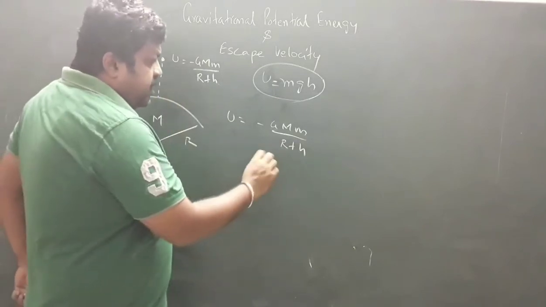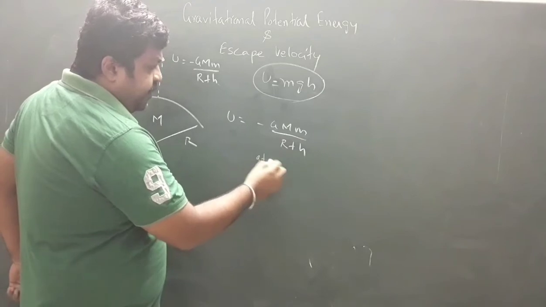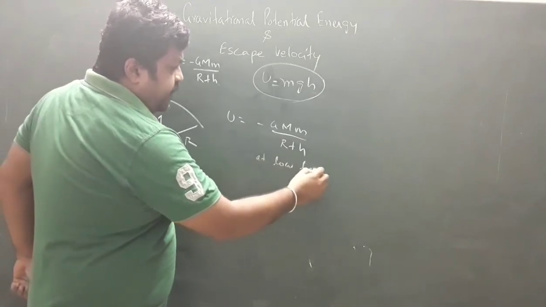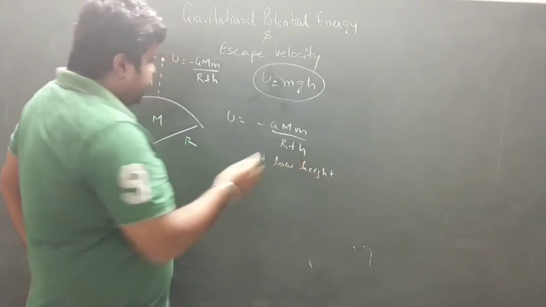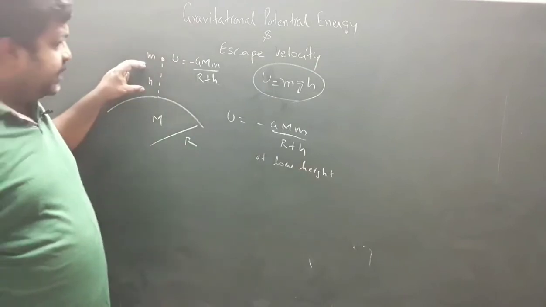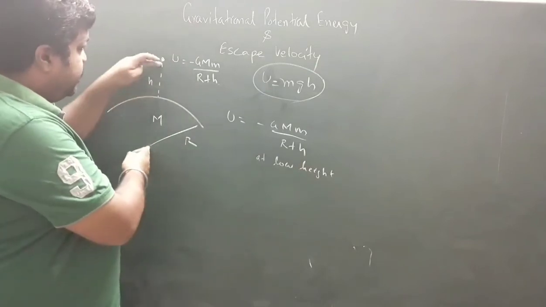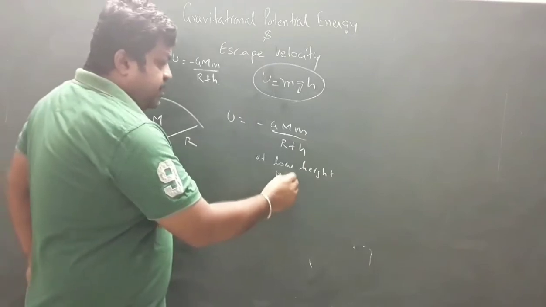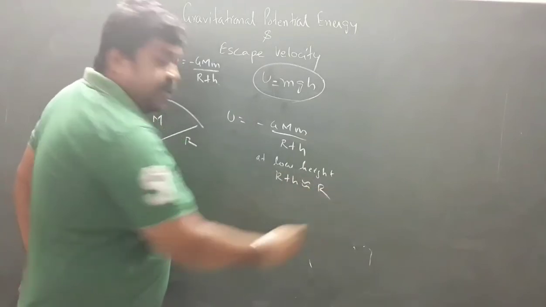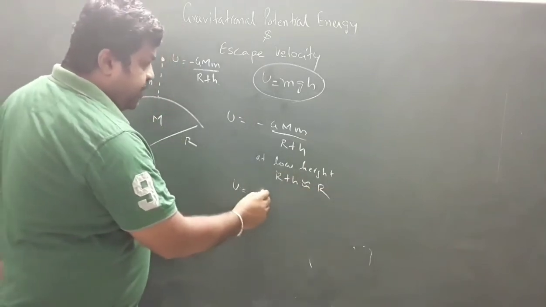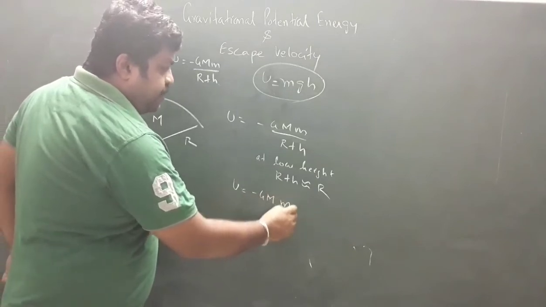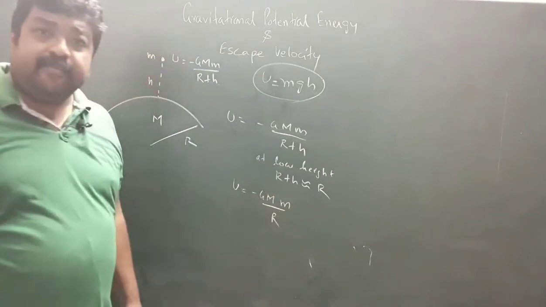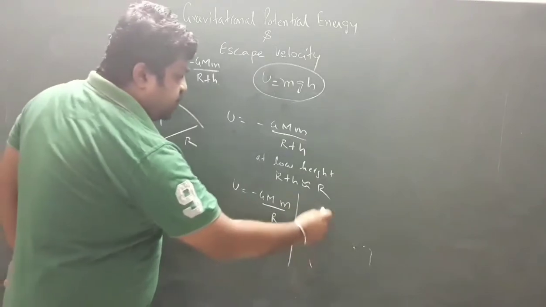Now see, at low height, when h is much smaller than R, in that case R plus h can be written as R. So R plus h is approximately equal to R, and in that case U is equal to minus GMm by R. And what is g?